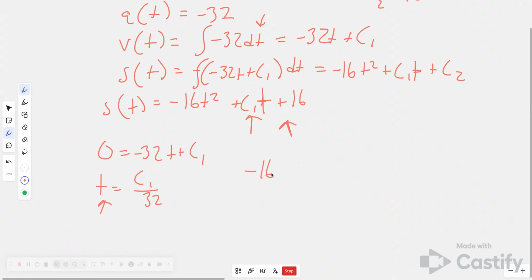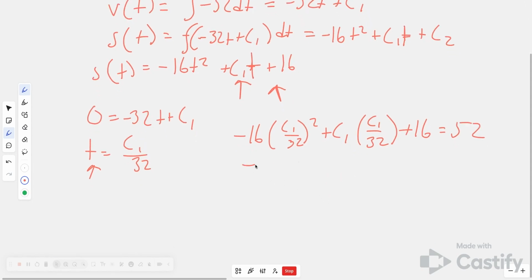So negative 16 times c1 over 32 squared plus c1 times c1 over 32 plus 16 is equal to 52. So we can simplify this.